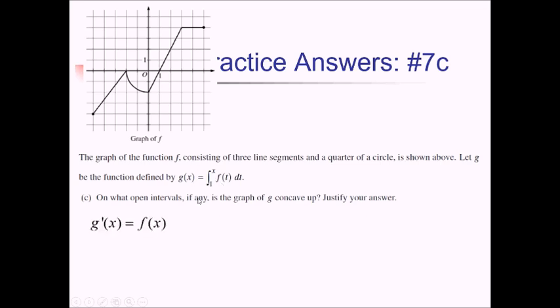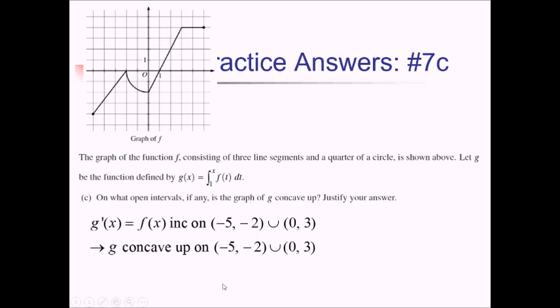So we want to know then where f of x is increasing, which is another thing we can just read directly off the graph. Looking at our graph of f, we're clearly increasing on the interval from -5 to -2, and also on the interval from 0 to 3. Therefore, g is concave up on those intervals.